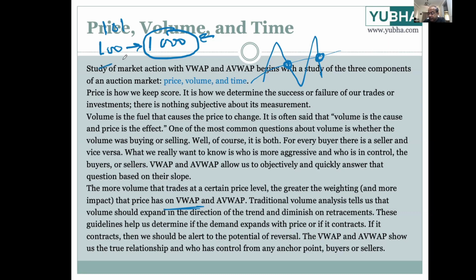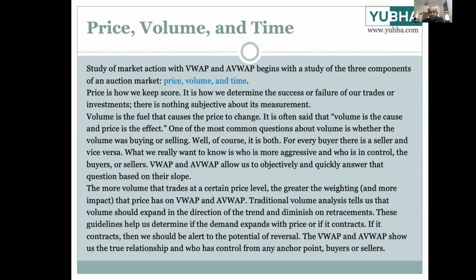Because if you take the trade exactly at VWAP, then you don't know whether they're trying to push the prices upward or downward. So those are two practical ways in which you'd see VWAP impacting us in our daily trades.